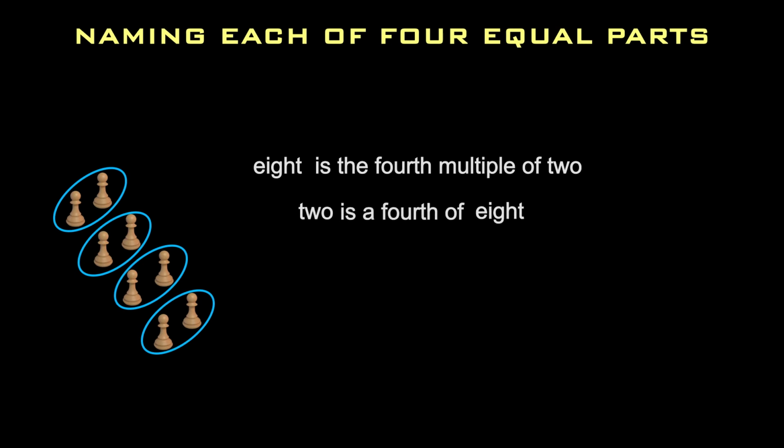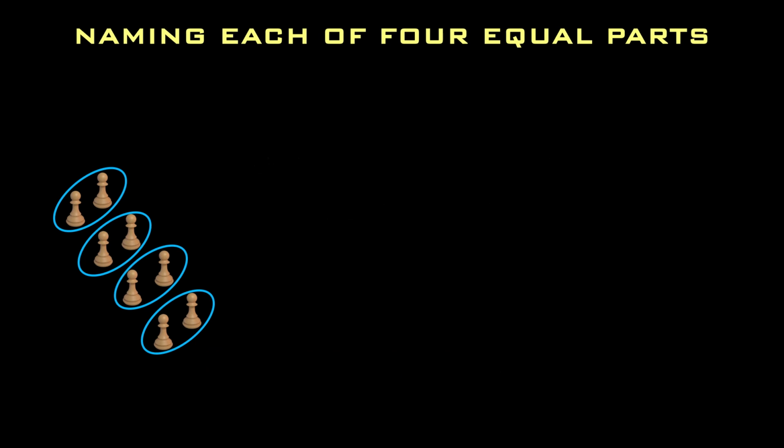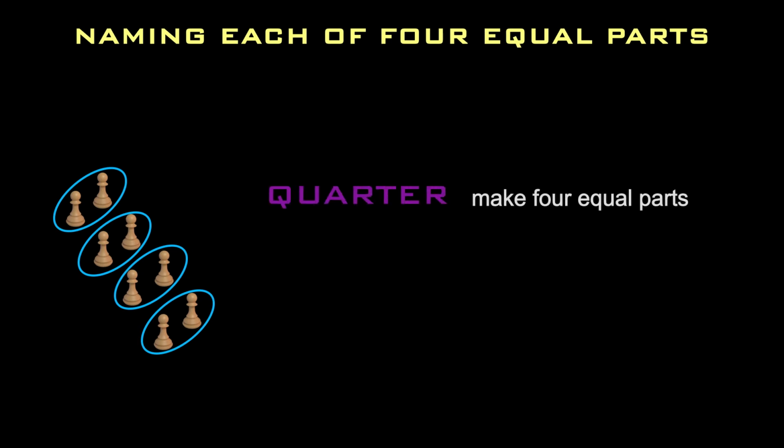And one of the 4 equal parts is 1/4. There is a verb which means to make 4 equal parts, quarter. The noun is also quarter. So one of 4 equal parts can also be called 1/4.